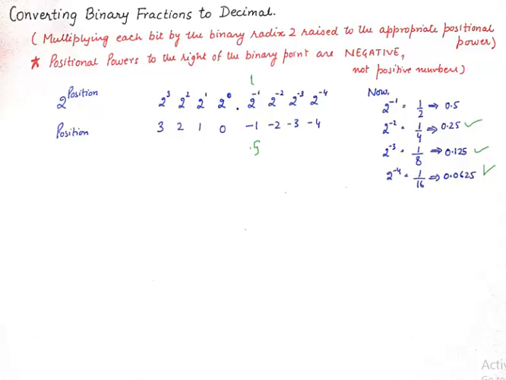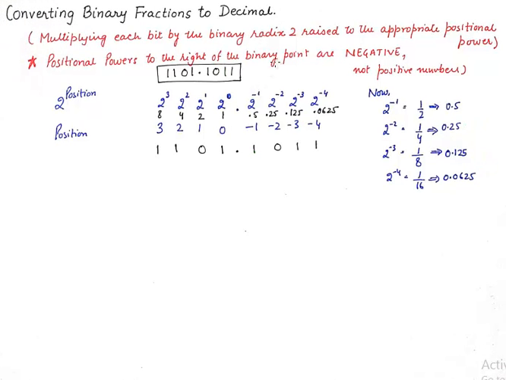And putting this concept into a question, for example, we have a binary fraction 1101.1011. What do we do with that? So first of all, we write the positions, and we know 1, 2, 4, 8 on the left side, and 0.5, 0.25, 0.125, and 0.0625 on the right hand side.